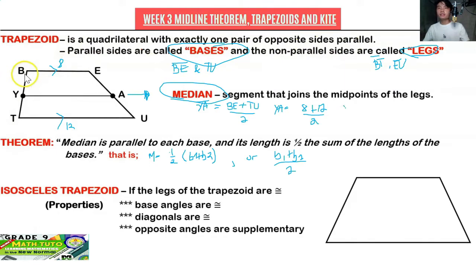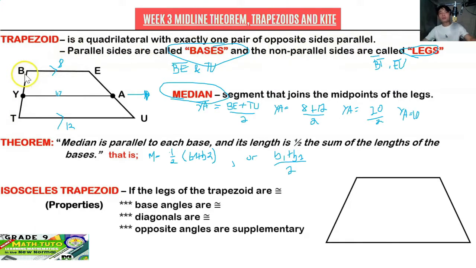So, YA is equal to what? YA is equal to 8 plus 12. That is 20 divided by 2. YA is equal to 10. So, midline natin is equal to 10.